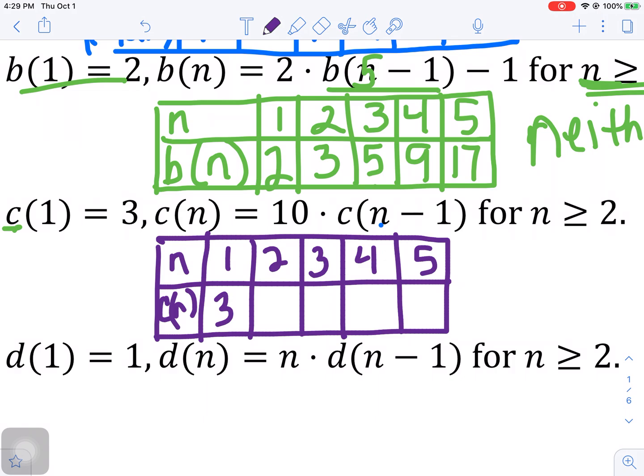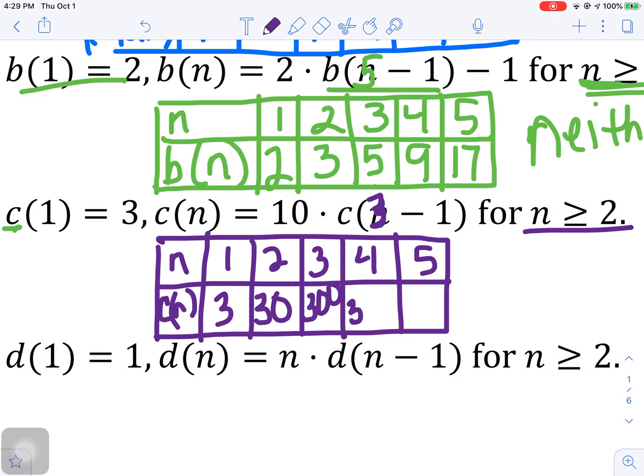So then to find the second term, we would put a 2 in there, and it tells us to take 10 and multiply it by the first term. So this would be 30 then. And then if n is 3, that's telling us to take 10 times the second term, which is 30. So then we would have 300.